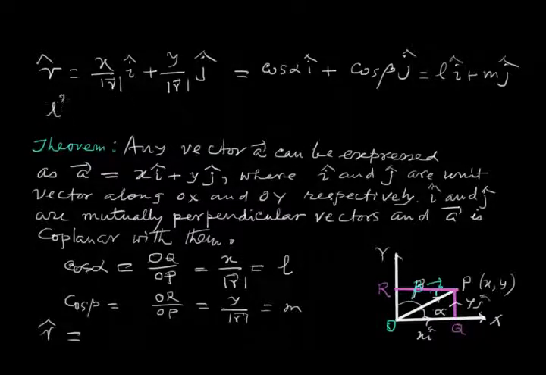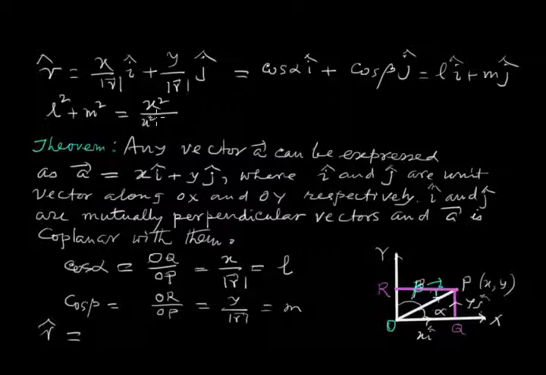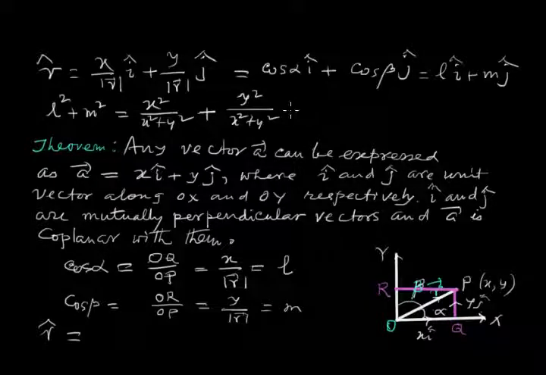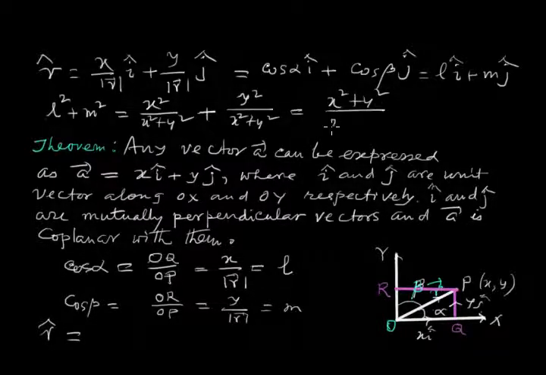We will see that l square plus m square is equal to x square by x square plus y square plus y square by x square plus y square, which is equal to x square plus y square by x square plus y square, which is equal to 1.